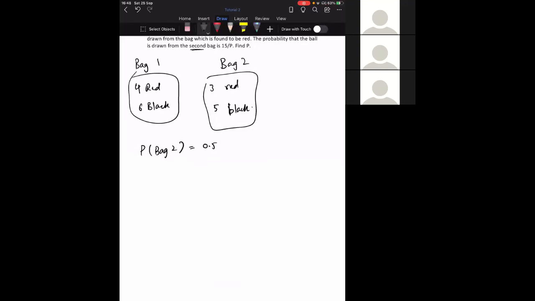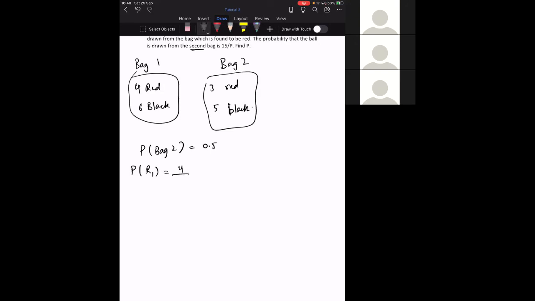And we want the probabilities of selecting the red ball from the first bag and the second bag, which is going to help us solve the whole question. So we want that the red ball is from the first bag. So I'm just going to say R1. 1 denotes case from bag 1.